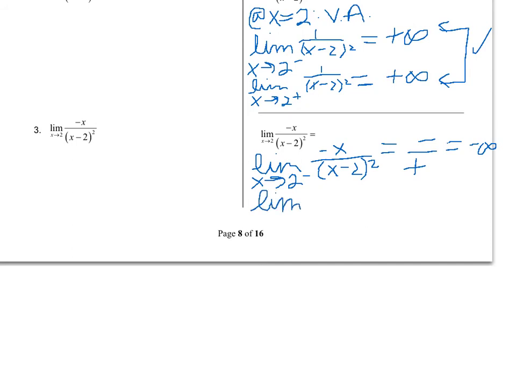From the right, the limit as x approaches 2 from the right. Okay, again, negative divided by a positive, and this time we're getting a negative infinity. Those two match, so overall the limit will be approaching negative infinity.